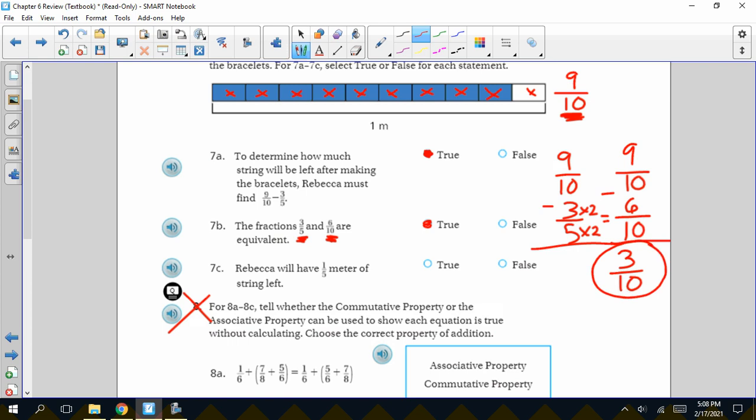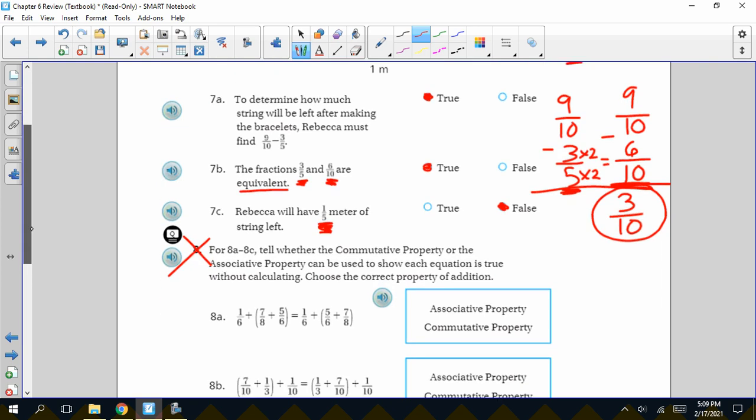It is not 1/5, so that is false. So for this one, you just set the problem up. You're going to go ahead and subtract to figure out how much was left. Obviously, when they're talking about being equivalent there, they're just talking about going from this step to this step here to see if those fractions do turn into each other.